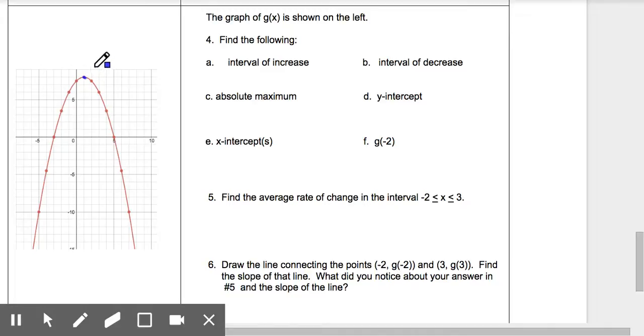right here. So to find the interval of increase, we are going to draw a vertical line through the highest point, and we want to know where it is going to cross the x-axis.